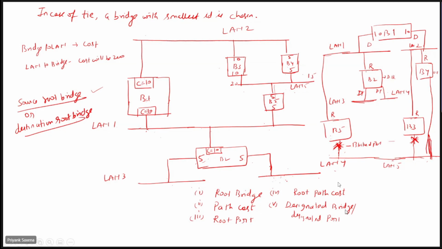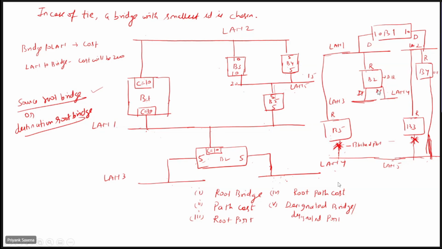Designated bridge, designated port. This port of the bridge, this port and this port, are called designated ports, and these bridges which interconnect directly to the root bridge are called designated bridges. These ports from the LAN which forward the packet towards the root bridge are called designated ports.